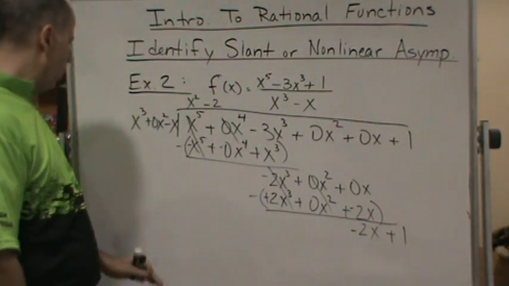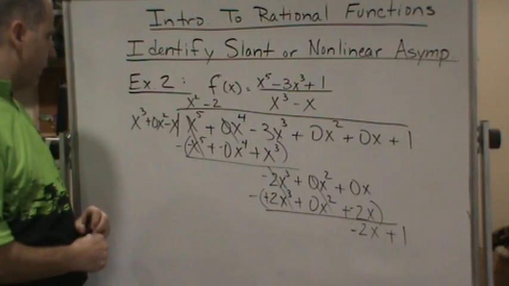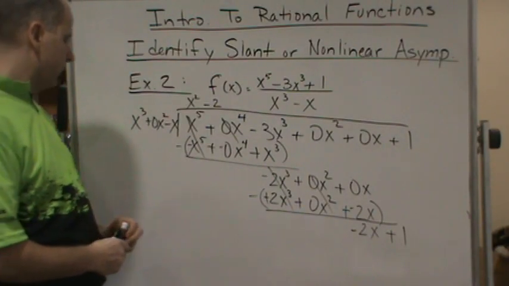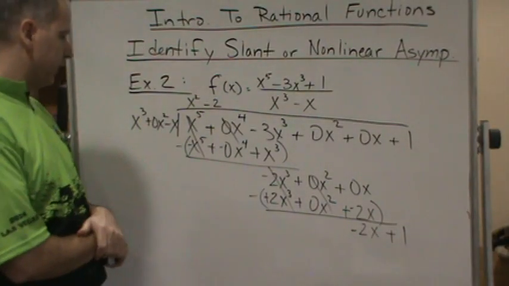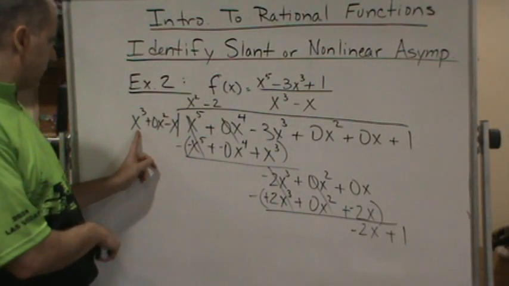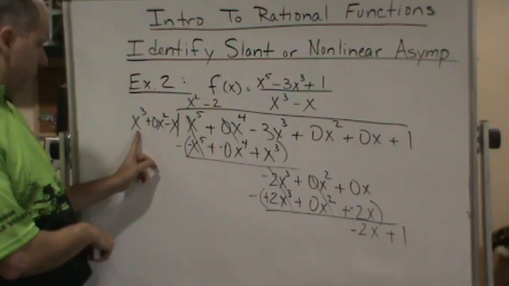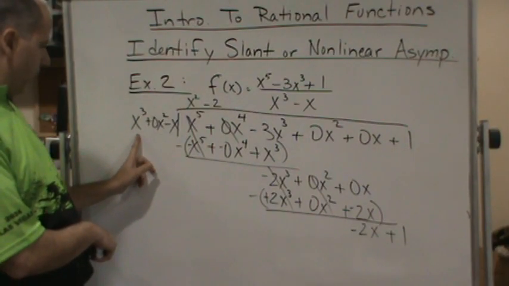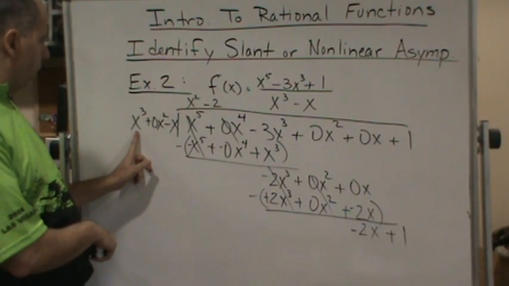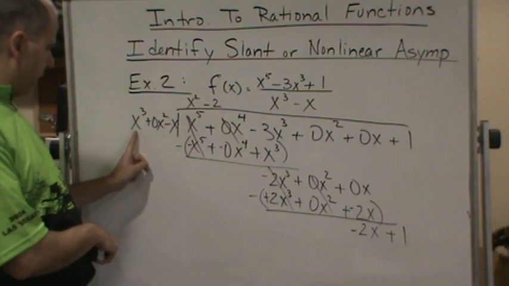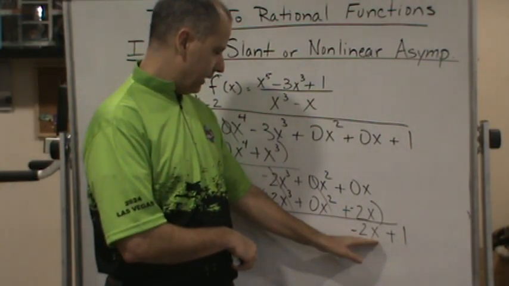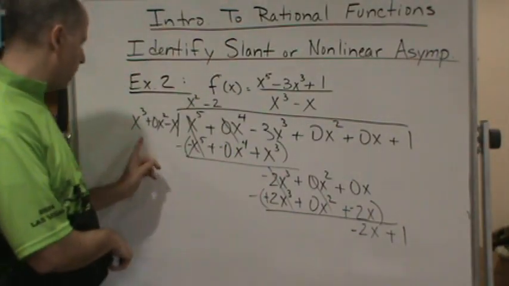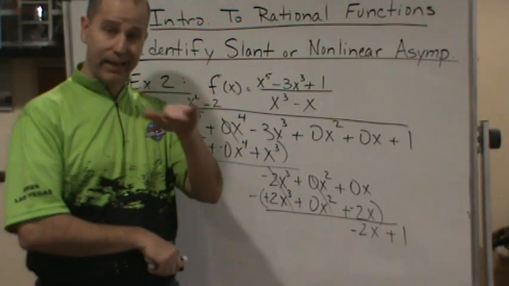There's nothing that we can multiply by to get negative 2x, because we have x cubed here. There's no variable that I can multiply by that's going to give me a negative 2x. Again, we don't want negative exponents.